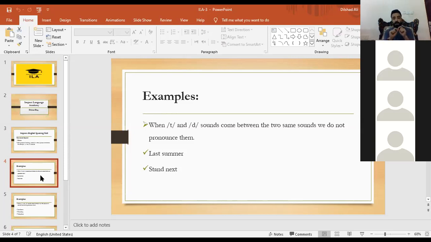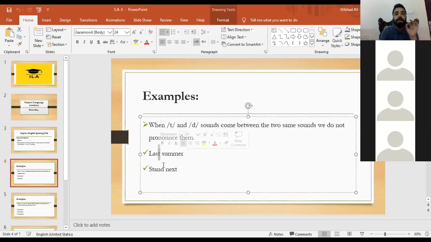Look at last summer. We're talking about the te sound. Don't forget, sometimes we have th, like thanks, things. When it becomes the th sound, this rule does not apply. So you have to focus on the sound, not what you see.